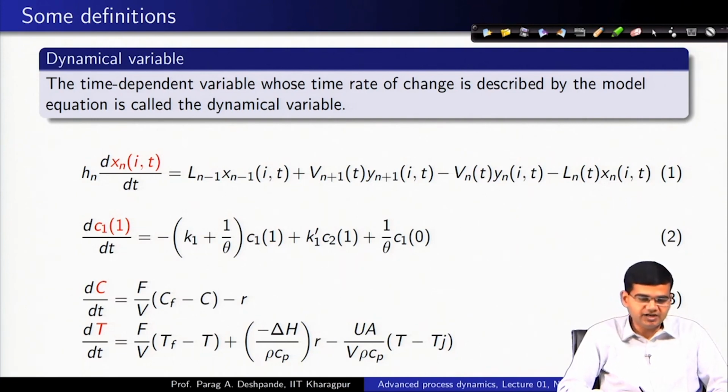Then you have C_i of 1, which is the concentration of the ith component in a given reactor. Then for the case of CSTR, you have the composition as well as temperature which change with time. And in all of these cases, what you see is that you have identified a variable which changes with time, and such a variable is called the dynamical variable.